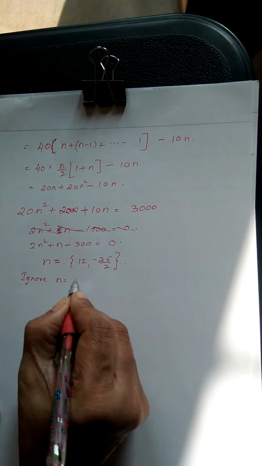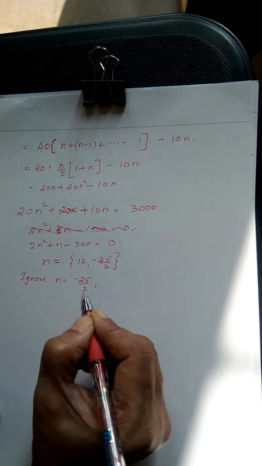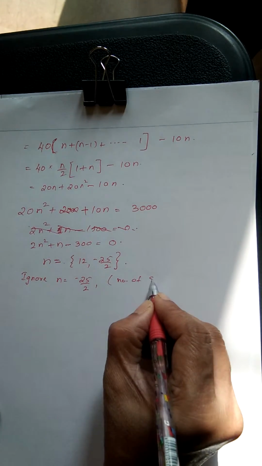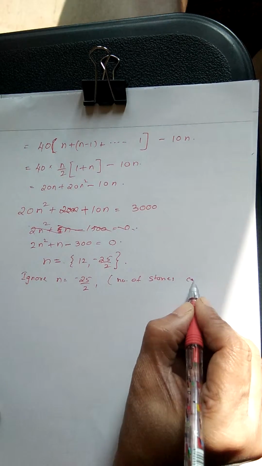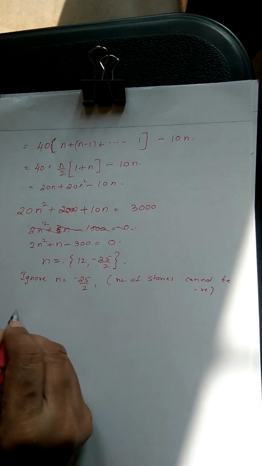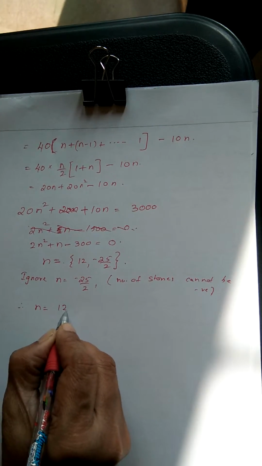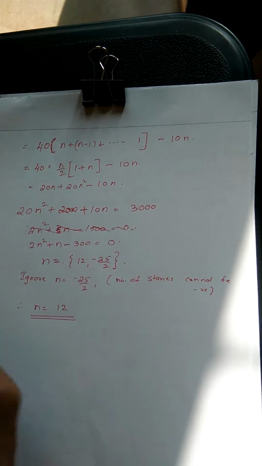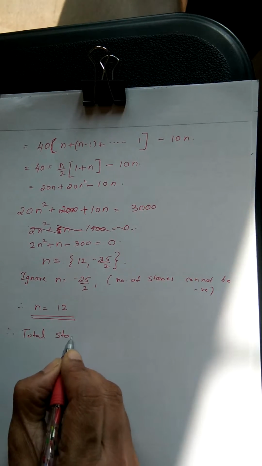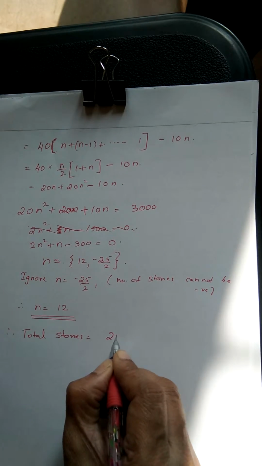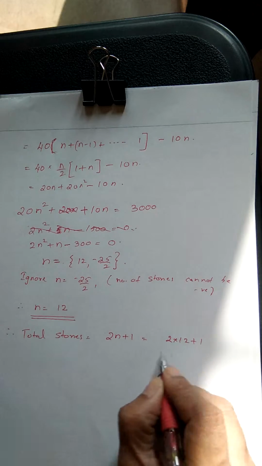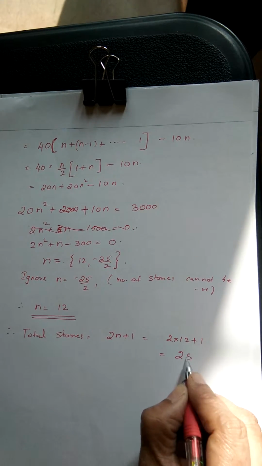Ignore n is equal to minus 25 by 2 because the number of stones cannot be negative. Therefore, n is equal to 12. So now we have to find the total number of stones, which will be 2n plus 1. So 2 into 12 plus 1 is equal to 25.